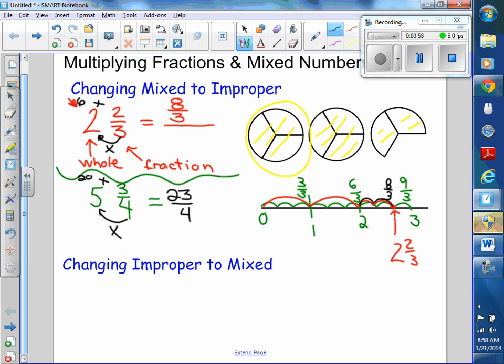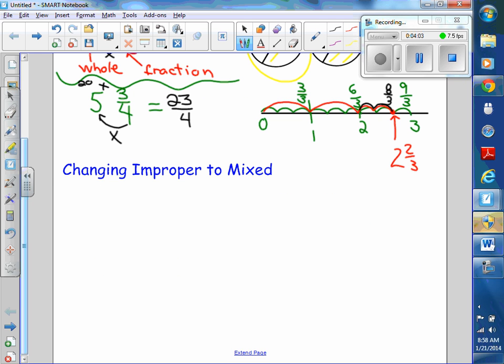Okay. So now we're going to go the other direction. The other direction is, suppose you have an improper number like 12/5. So if we look at that number line again, and if I had a number line broken into fifths, starting at 0, this is 1/5, 2/5, 3/5, 4/5, 5/5, or a whole.